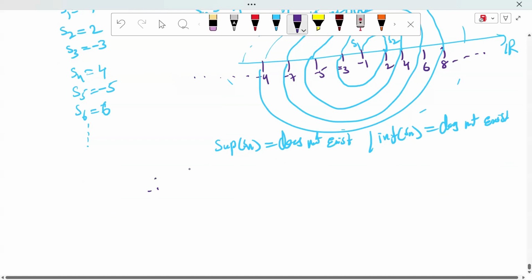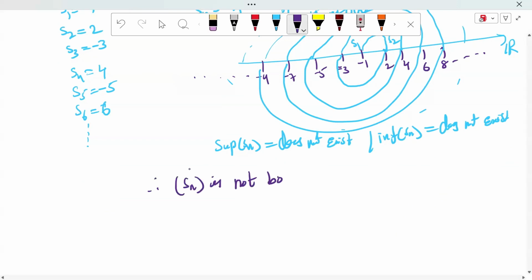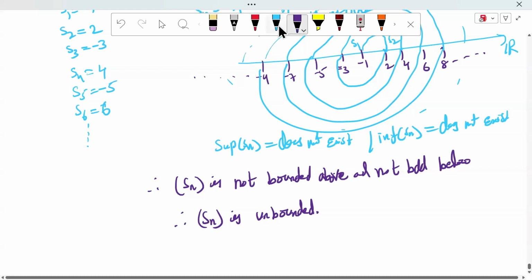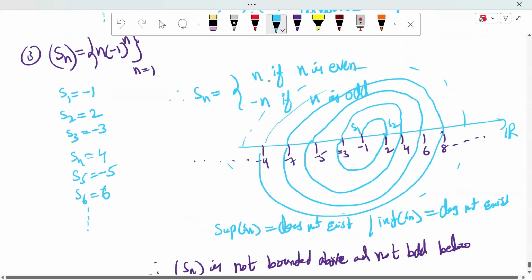Therefore, the sequence Sn is unbounded. Unbounded sequence. We can take another example.